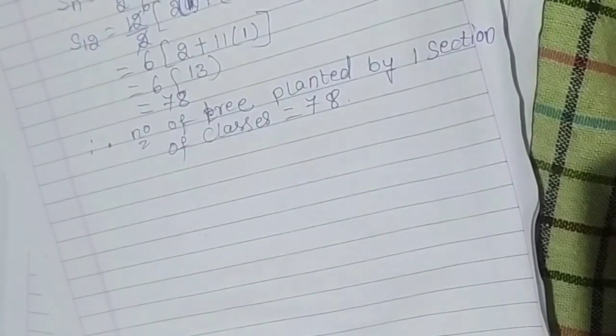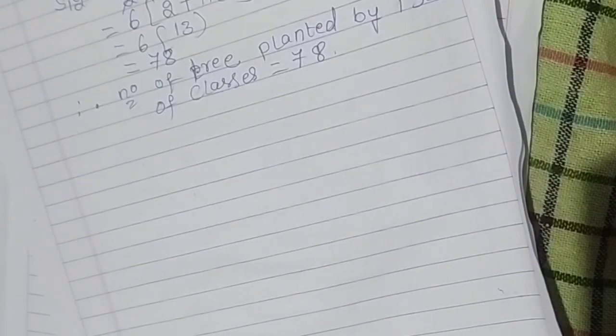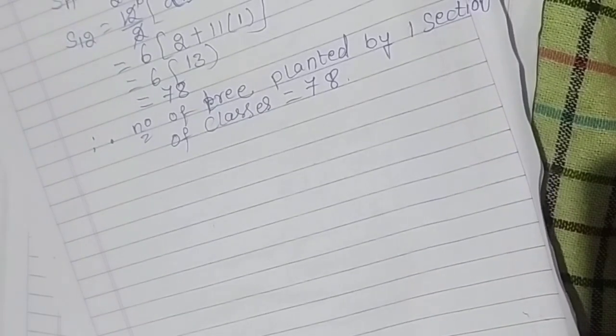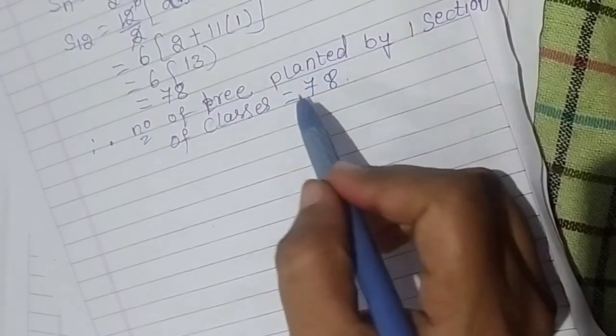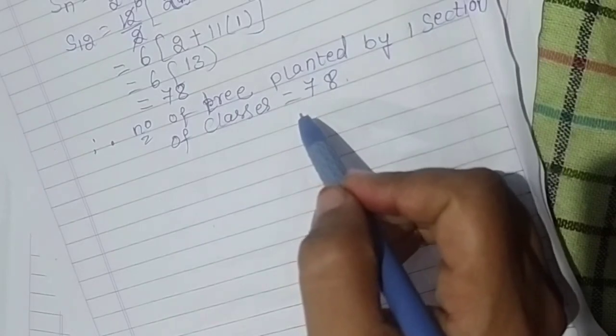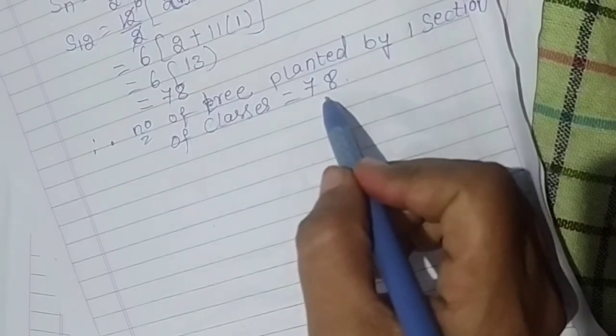But there are 3 sections. One section of all the 12 classes will plant 78 trees.